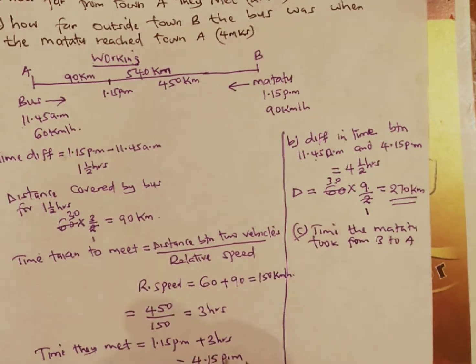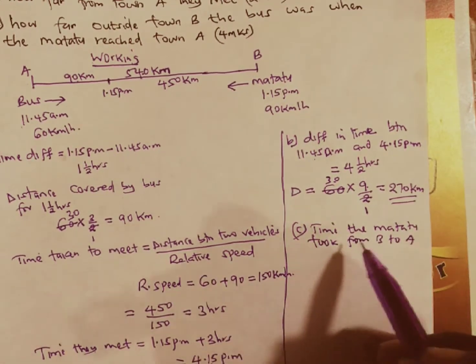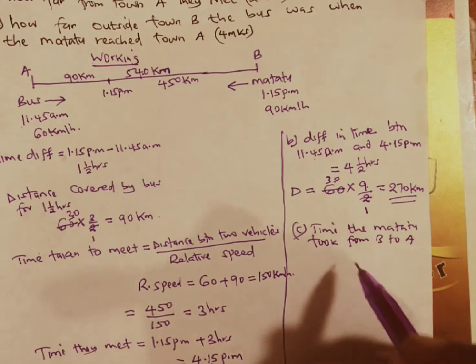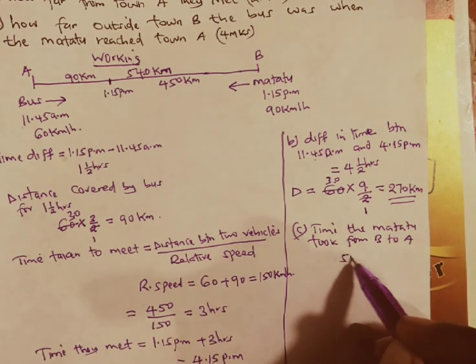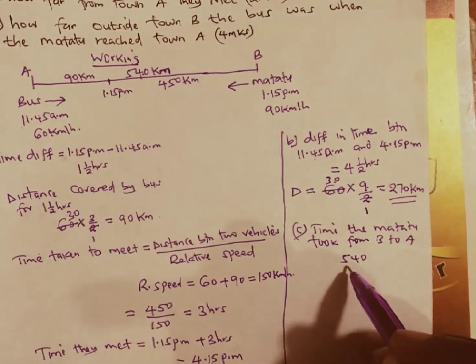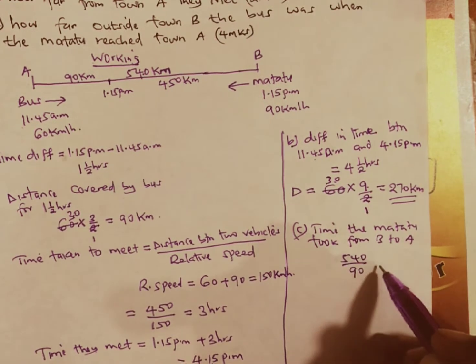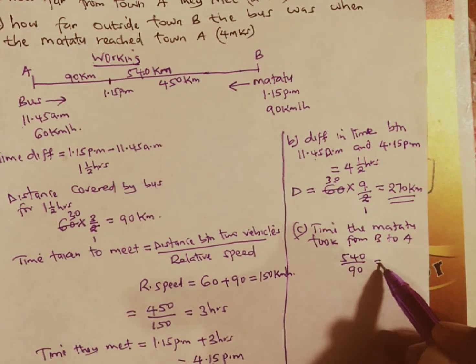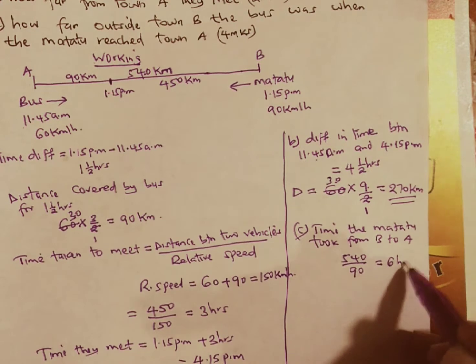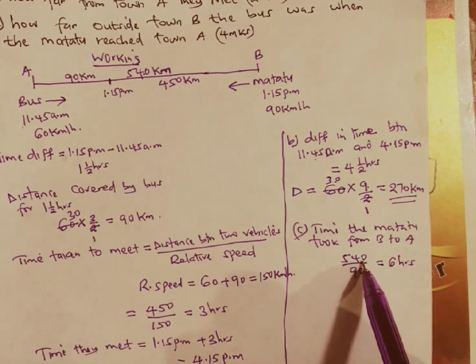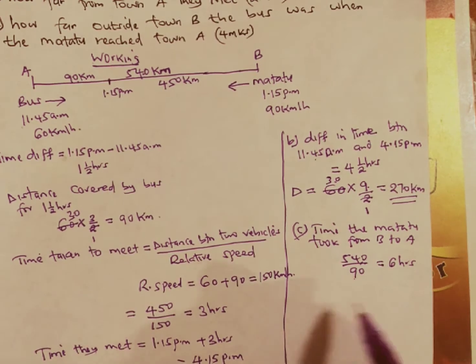And to do that, remember the matatu had to cover 540 kilometers with a speed of 90. You divide 540 by 90, and this gives us 6 hours.